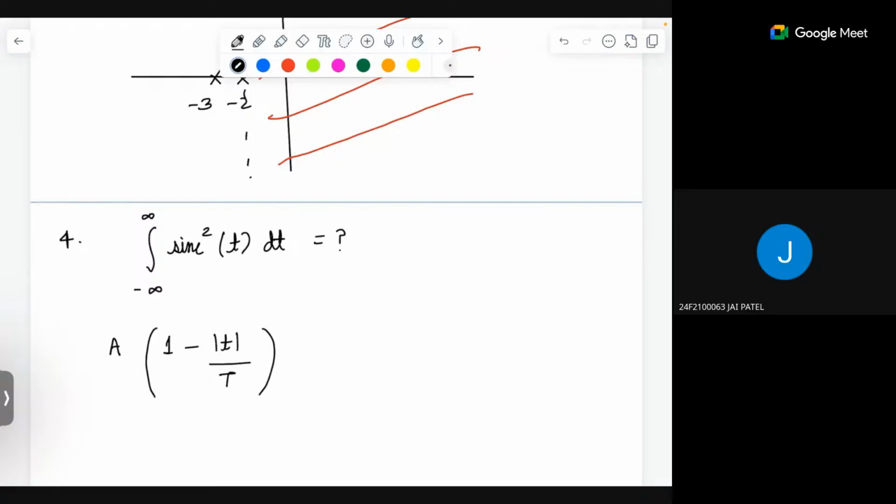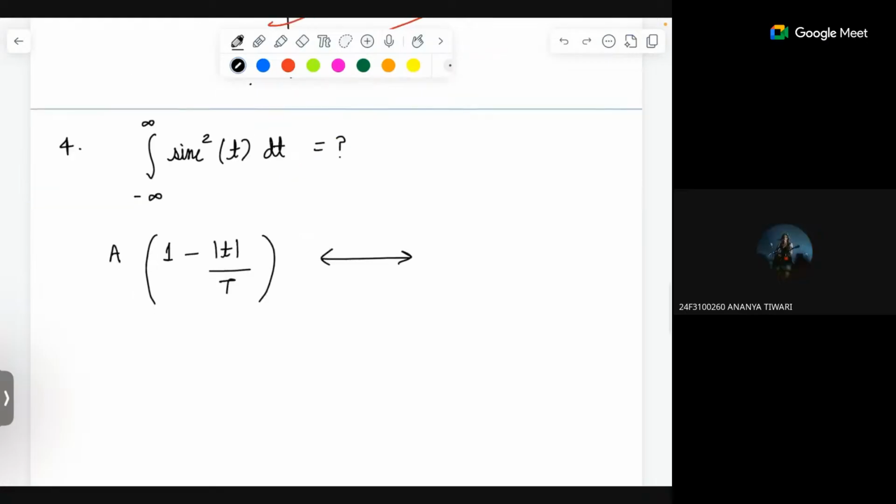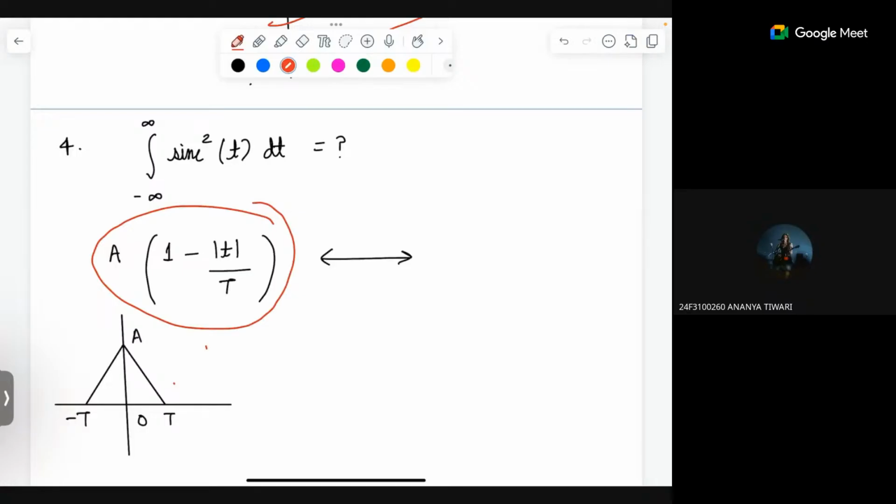Can someone tell me which kind of function this is? It is a triangular function. We discussed it in the very beginning. So I will draw this function for you over here. It is like this. Minus T to T, with 0 in the middle. Amplitude is A. So this is the analytical representation, and this is the graphical representation of the same function.